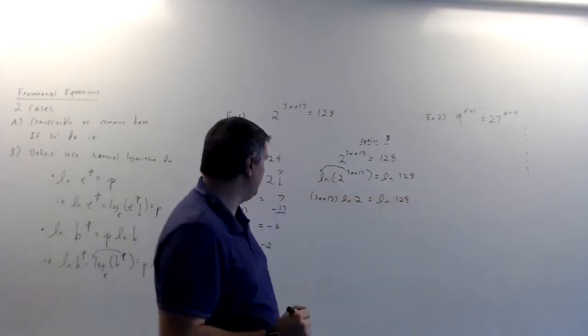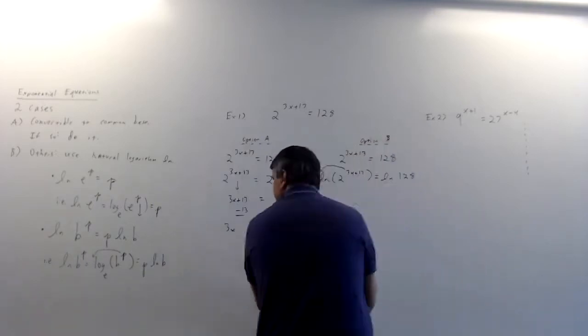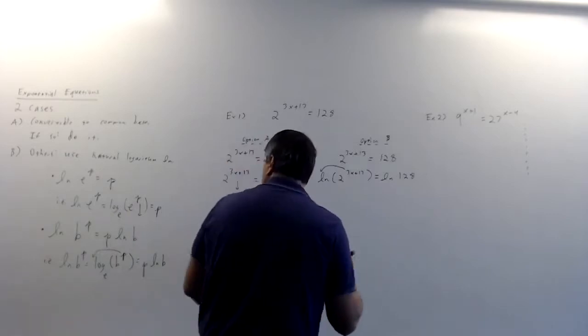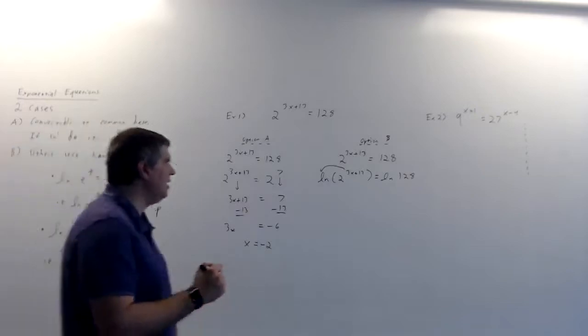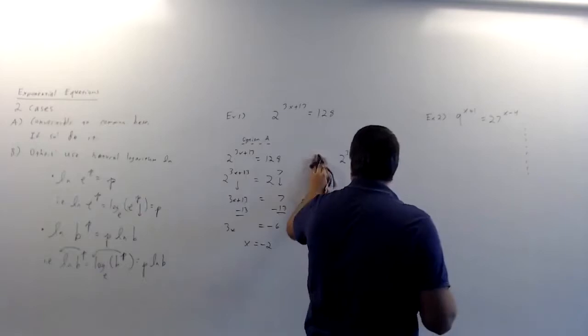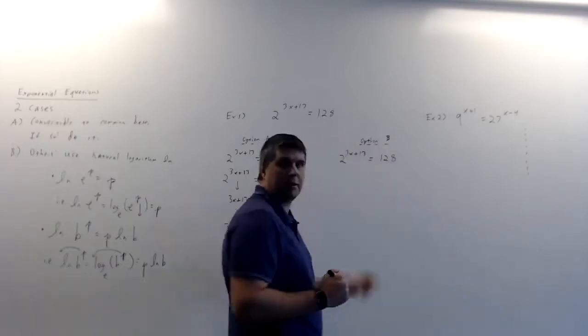Okay? I'm going to do that again. Let me actually go ahead and explain it that way. I'm going to take this again. I'm going to pretend that I do not recognize that 2 and 128 are powers of a common number.